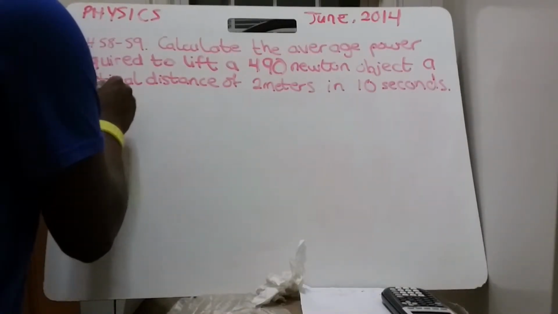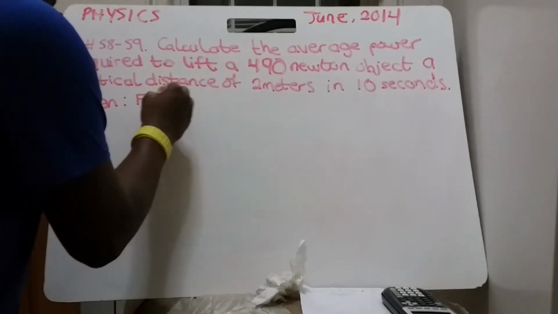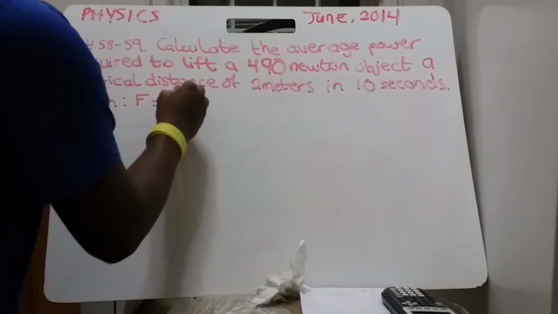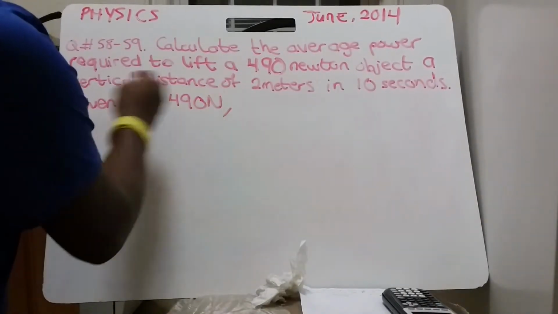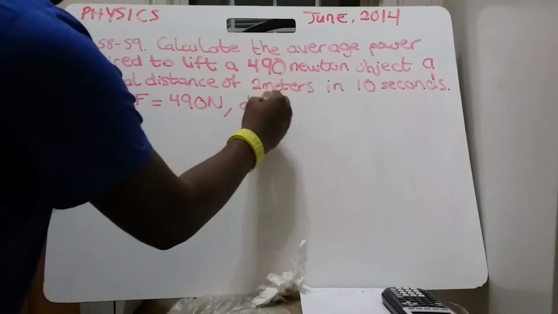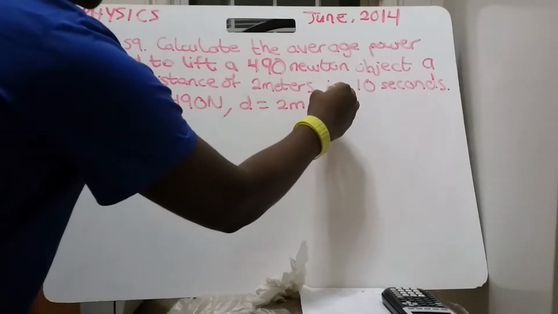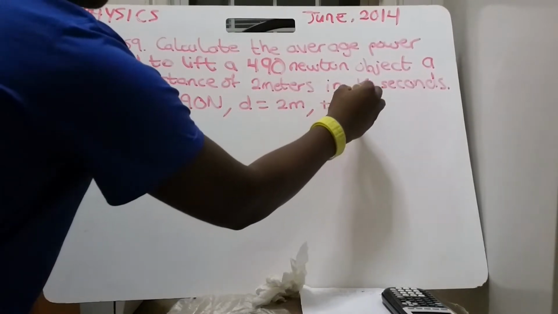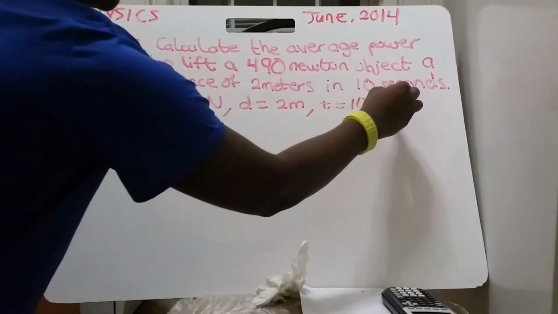Given, we have force, F, equals 490 Newtons. We also have distance equals 2 meters, and finally we have time, which is equal to 10 seconds.